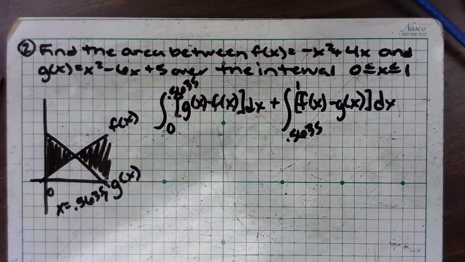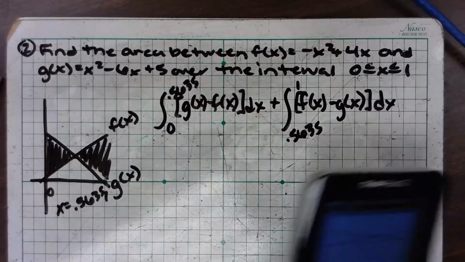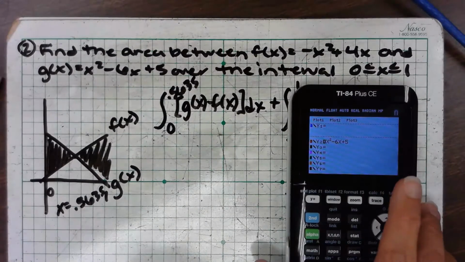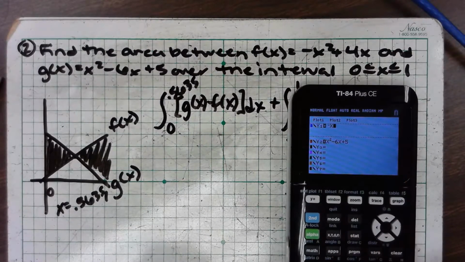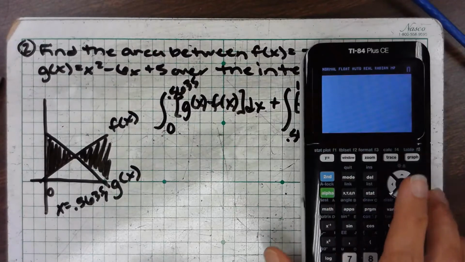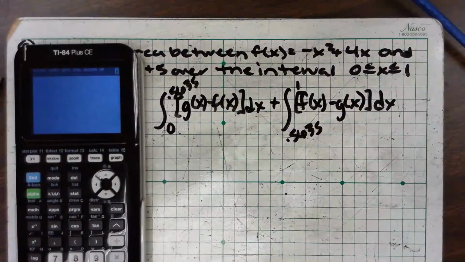So let's go ahead and actually just plug this into our calculator. What I'm going to do is in y equals, and I think I already had it there, we already have f of x here and g of x here. So what I can do is go back to my home screen, and I'm going to move it over here so we can see everything.